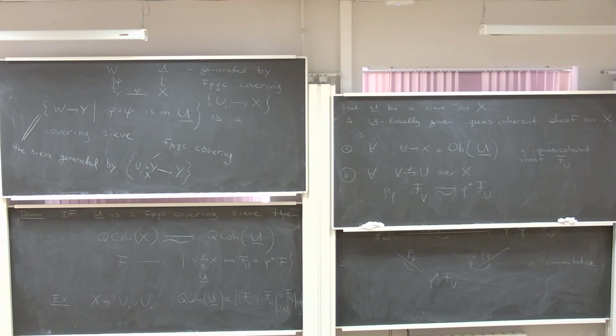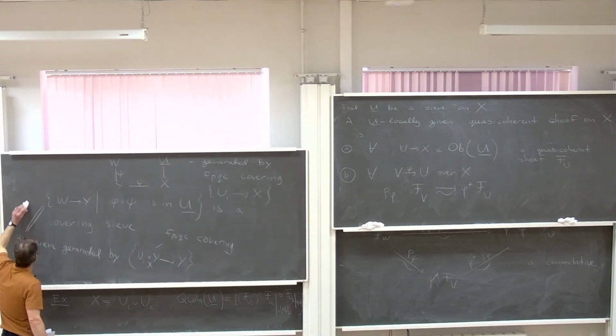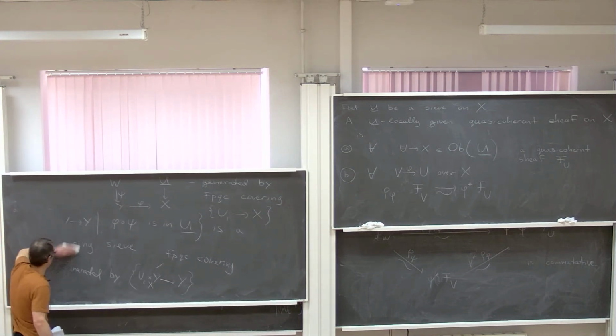Yeah, by the way, one remark about the previous theorem that I should have made. We discussed descent, faithfully flat descent of morphisms, right? Sorry, I should have said it before.